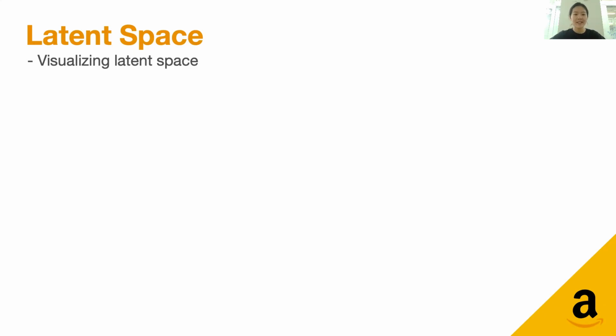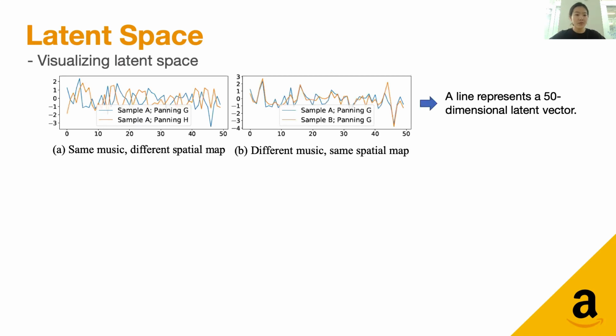We visualize the latent vectors formed in the model to understand what is really learned here. In the first 2 plots, each line represents a 50-dimensional latent vector. In figure A, the 2 latent vectors are from 2 samples that share the same music content but have different spatial maps. The difference between those 2 plots indicates that the learned latent variables are not relevant to the music content.